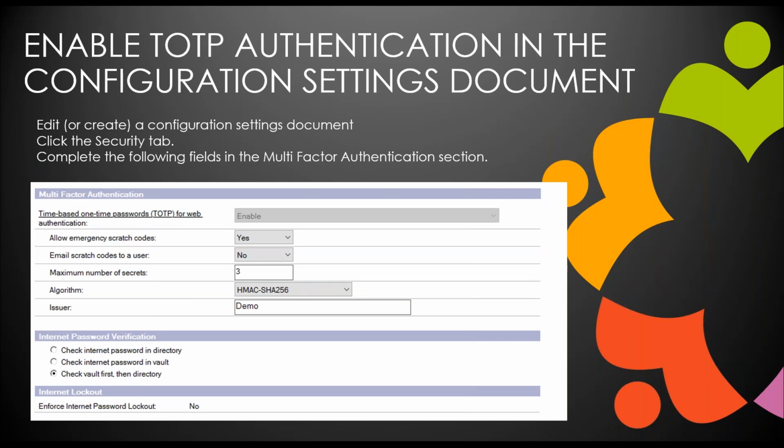Then you either create, if you don't have one, or edit, if you already have one, a configuration settings document. Click on the security tab and fill in the fields for multi-factor authentication, like time-based, enable, allow emergency scratch code. Scratch codes are something that, upon registration, I will show you what happens when a user sets up multi-factor authentication on the Domino server.